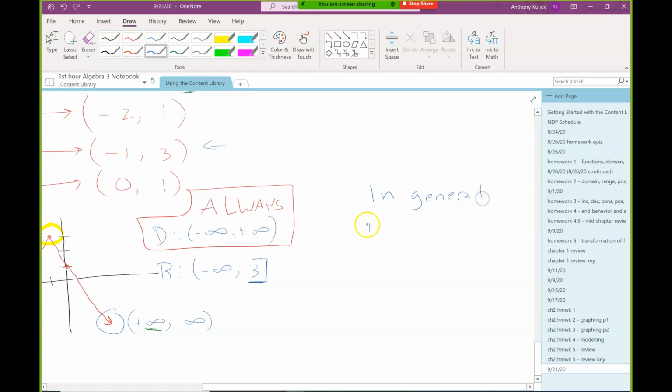So in general, the domain is always this. The range, though, is going to depend on whether I have a wedge shape or a V shape.